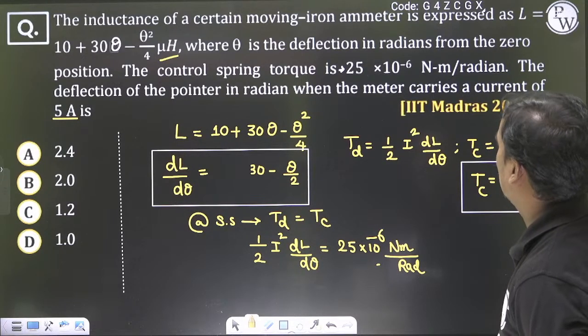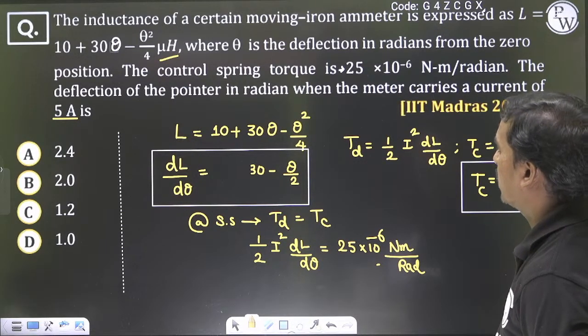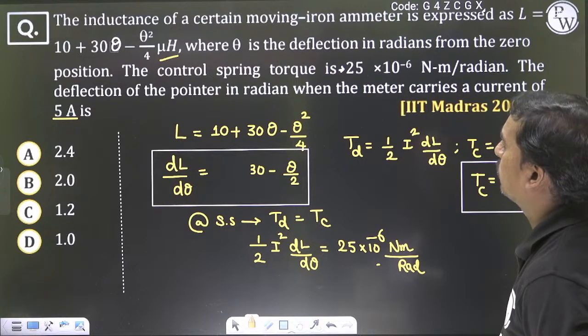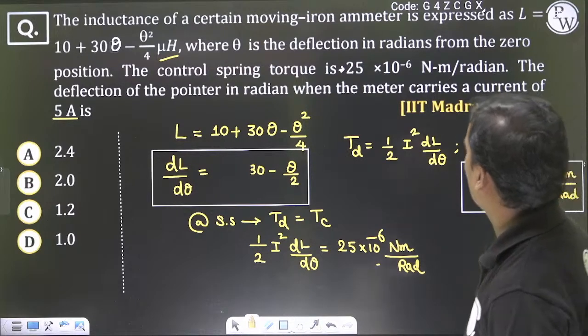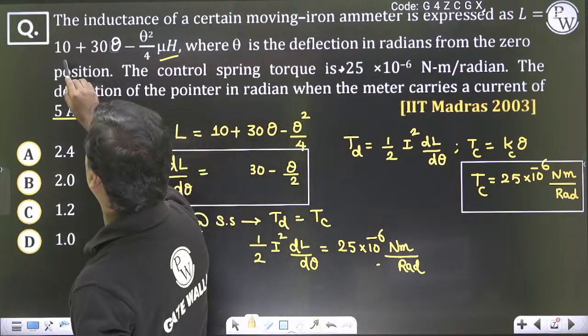Answers are not matching. It is asking the deflection of the pointer in radian. To check this expression, I think there is a printing mistake in the expression.